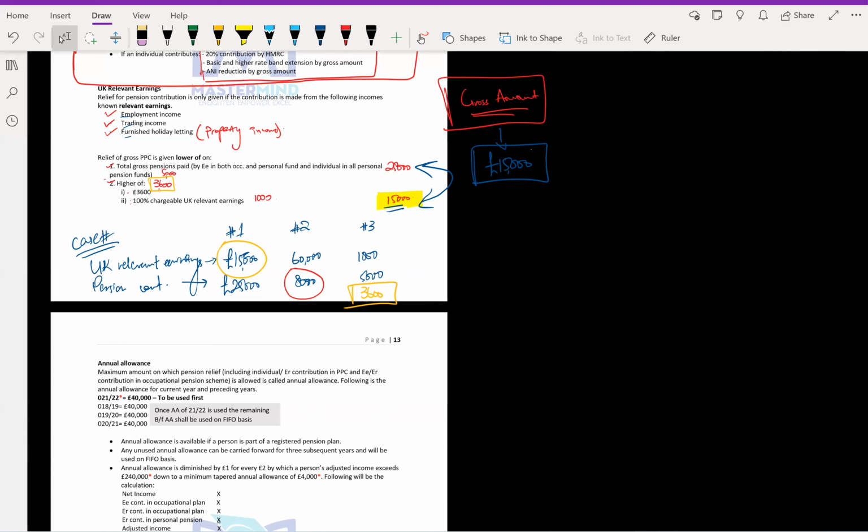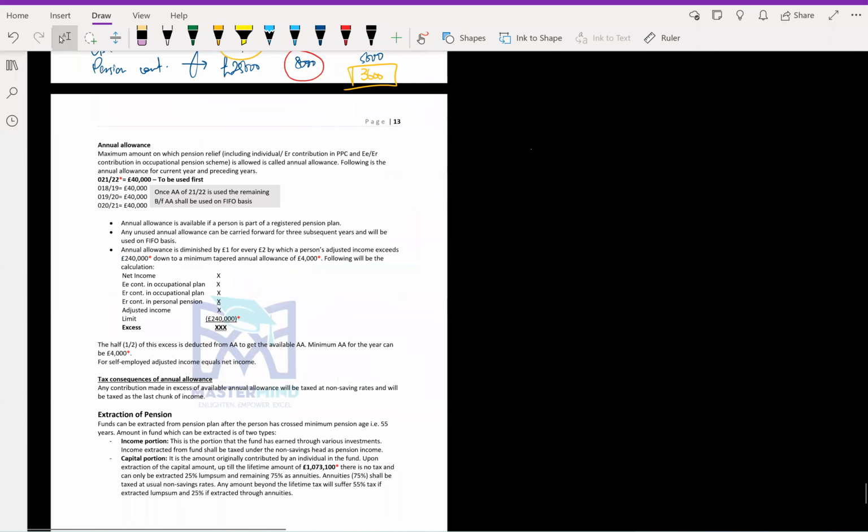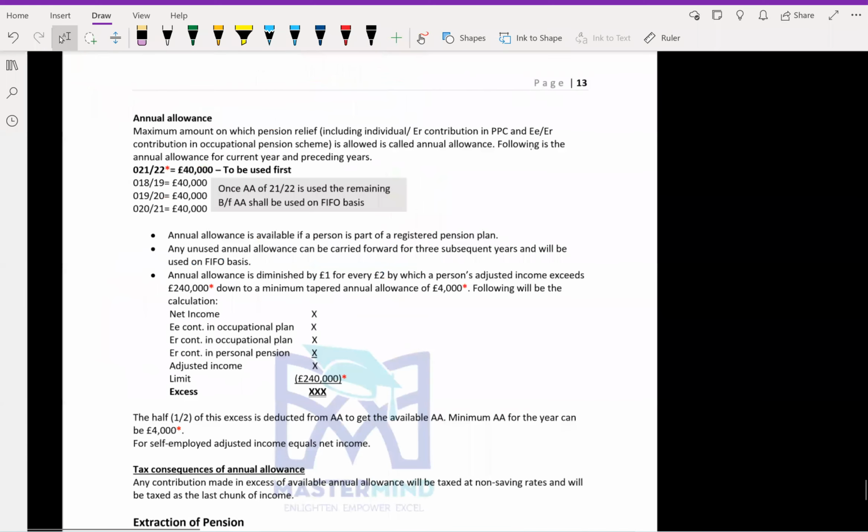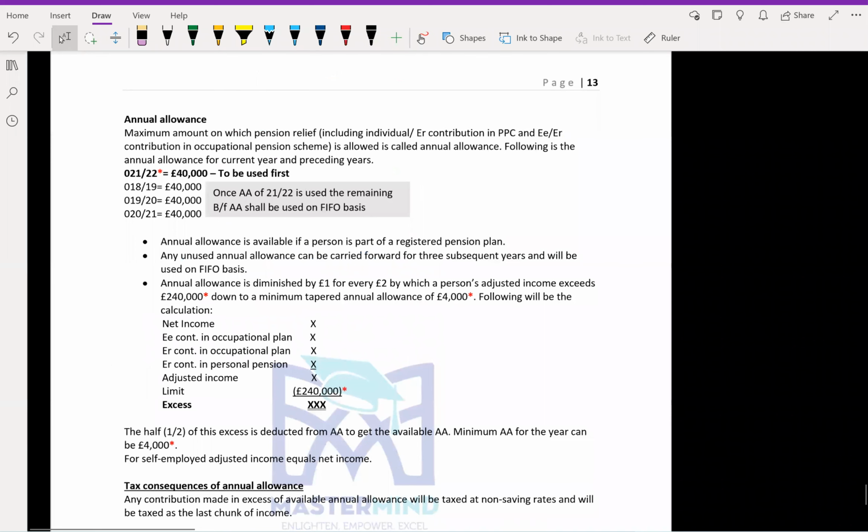Okay. Now that was restriction number 1. That is on UK relevant earnings. You work it out according to the UK relevant earnings, right? The second restriction is called the annual allowance. Now, this is a deterrent.